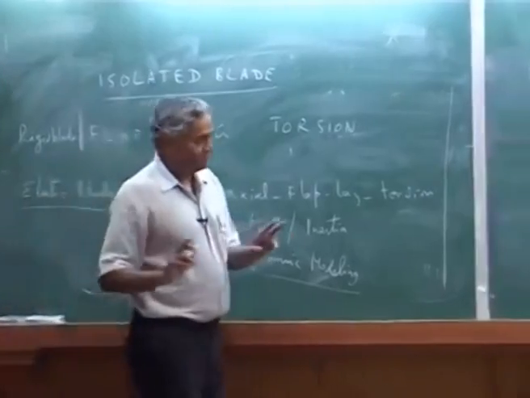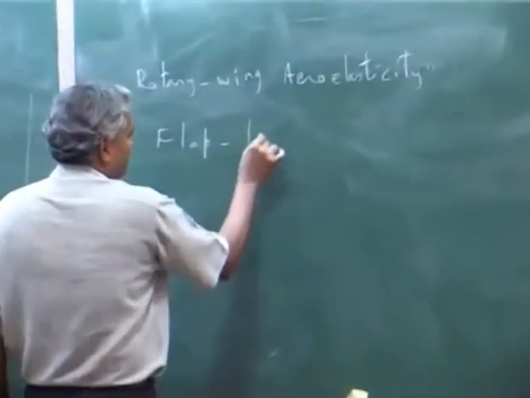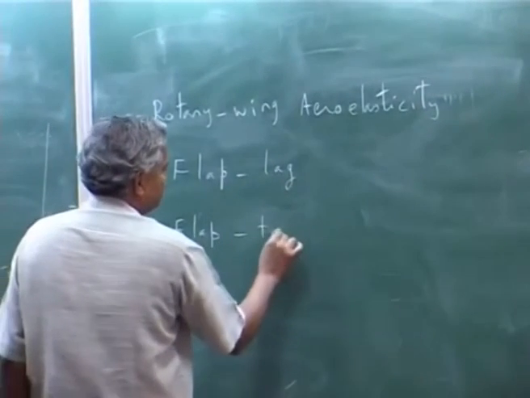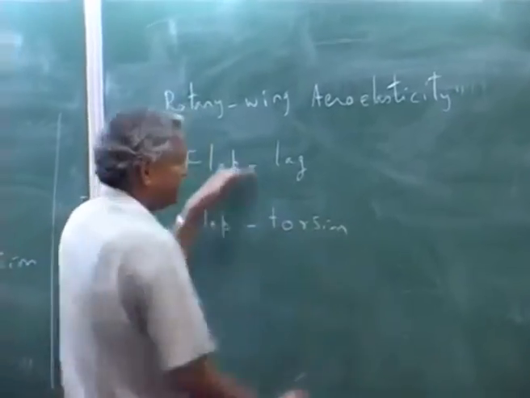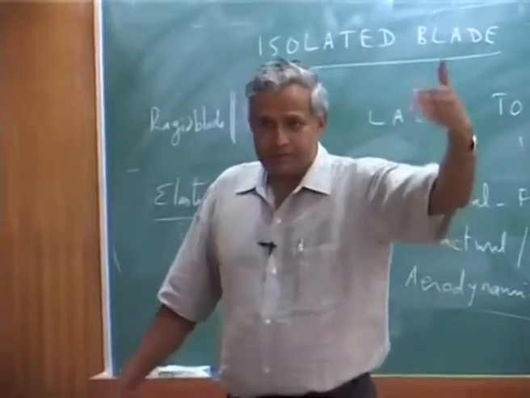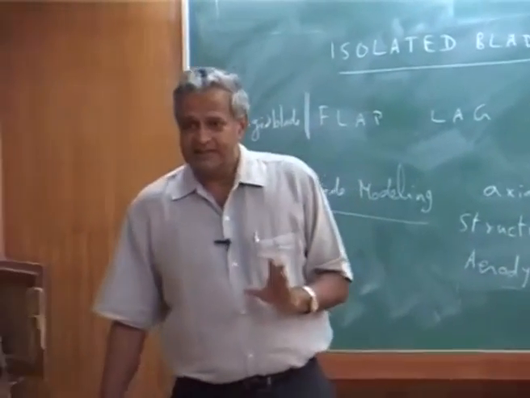So the flap lag problem, the flap torsion problem. These two problems were treated initially. That is one line, because people wanted to understand when the blade will go unstable, etc.